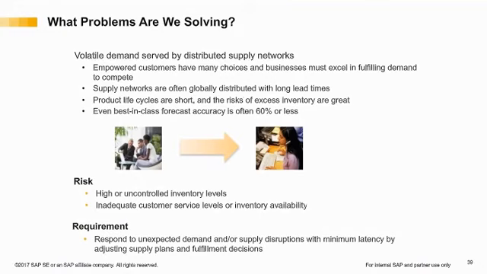Competition is hard in that case as customers have many choices and businesses must excel in fulfilling demand to compete. Also, supply networks are often globally distributed with long lead times, resulting in unsatisfied customers. There are also risks of excess inventory as product life cycles shorten, so even best-in-class forecast accuracy is often 60% or less.